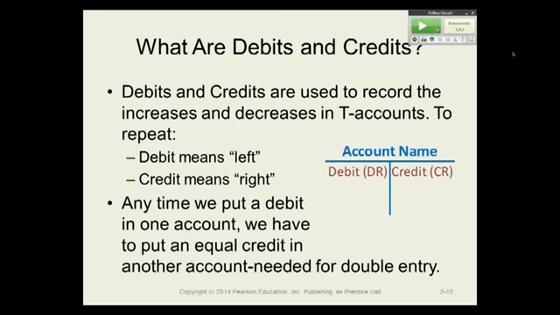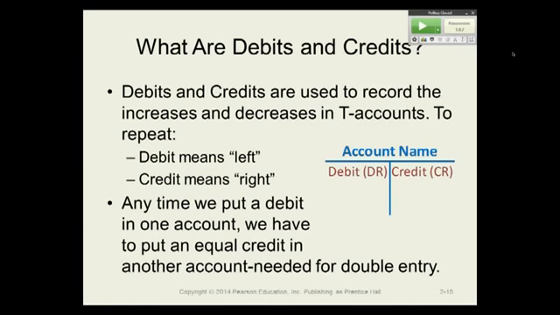So when we think about whether an account has a debit or a credit balance, you have to look at the side that has the largest amount. And we'll now accumulate transactions in these accounts, and those totals would be, in fact, your totals on your financial statements.